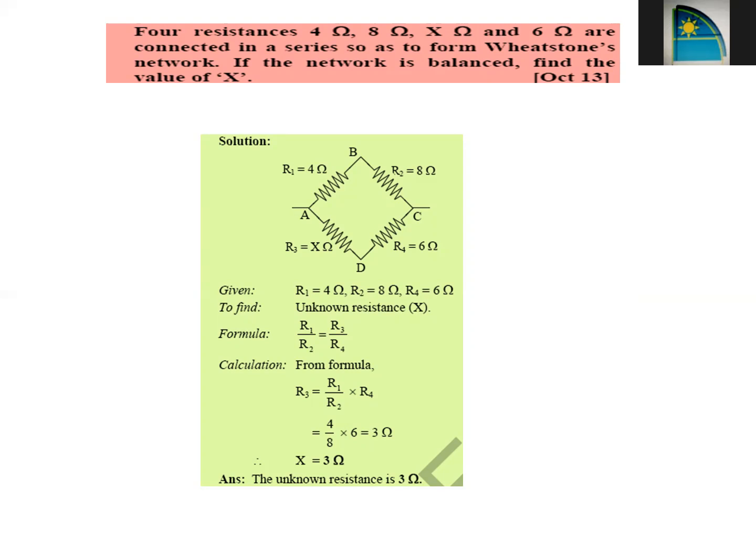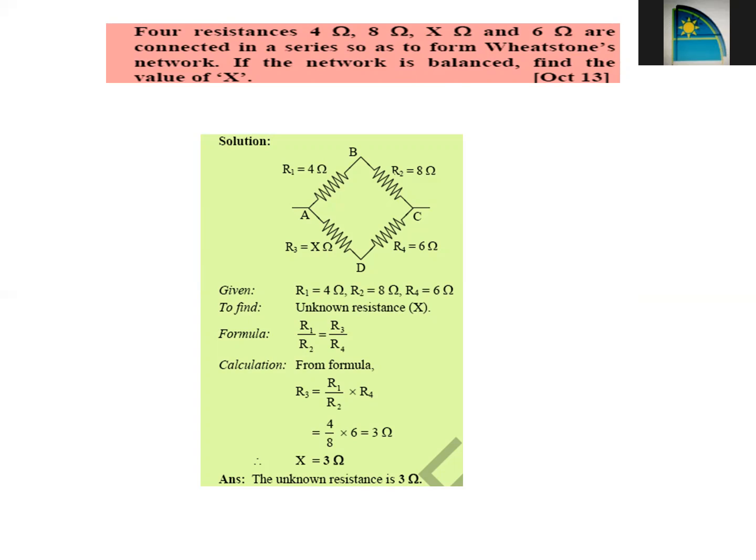So three resistances basically will be known to us. And if this bridge is balanced, in that case, the simple formula is R1 divided by R2 is equal to R3 divided by R4. We can fill in the values and find out the value of the unknown resistance.